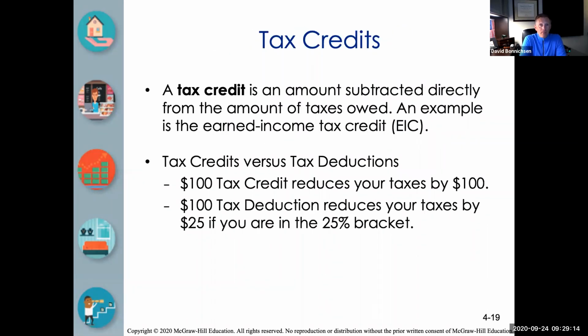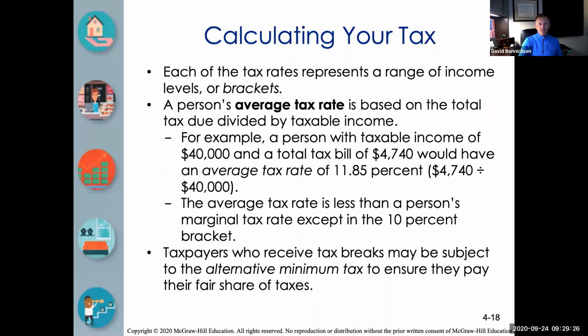Tax credits, right? Again, difference between tax deductions, which we've talked about, and tax credits. Tax credits are a one-for-one offset to whatever tax is calculated in this scenario, okay?